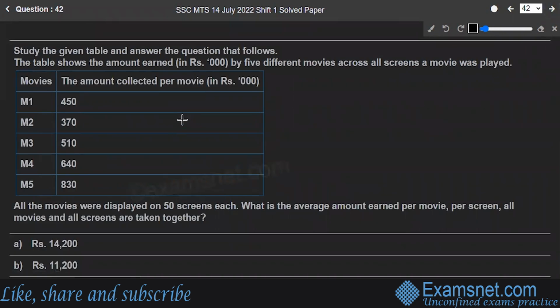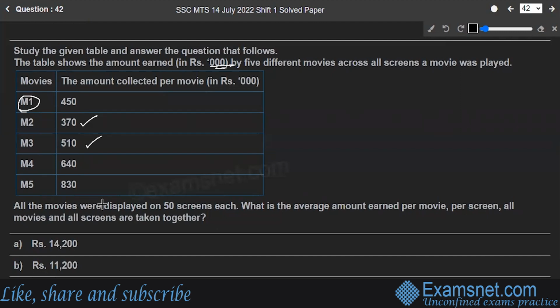Study the table given and answer the question that follows. So this is the table, it shows the amount earned in rupees thousands by different movies across all screens a movie was played. So for movie 1, it is 450,000, in thousands. M2 is 370,000. M3 is equal to 510,000 and so on.